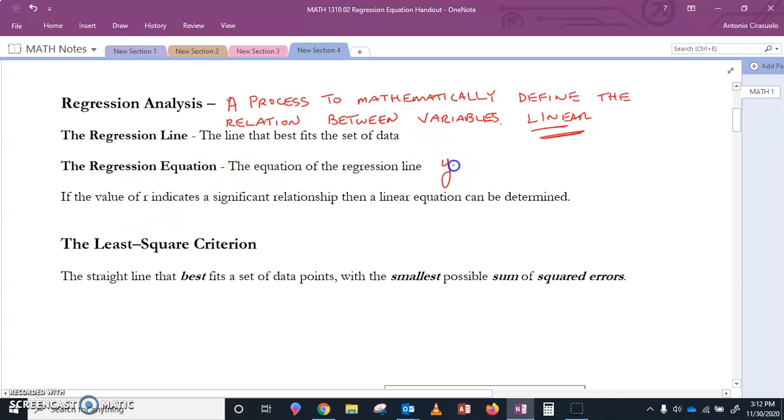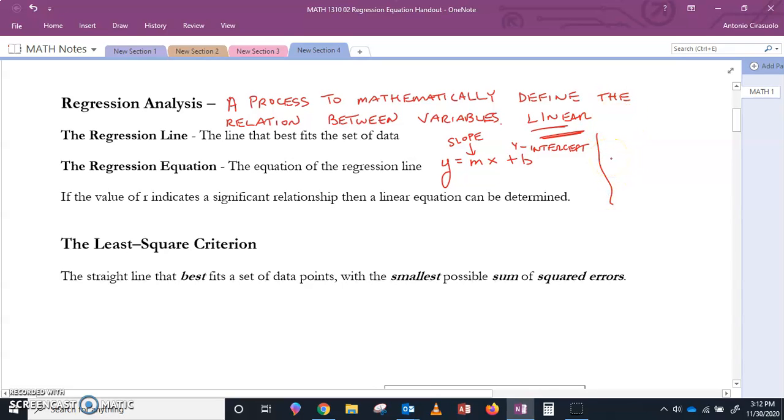Now, if you remember back to your algebra days, we used y is equal to mx plus b, where m is your slope and b is your y-intercept. Now, in our calculator, I'm going to let this out of the bag.